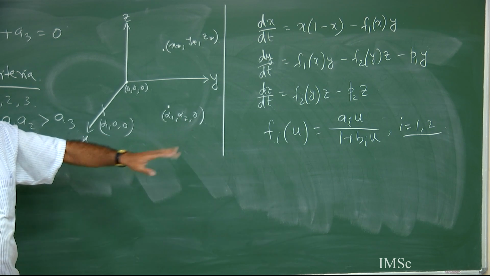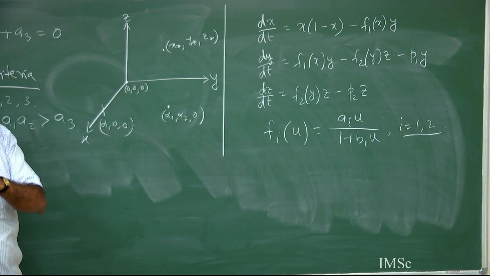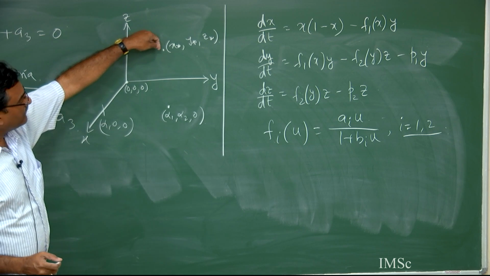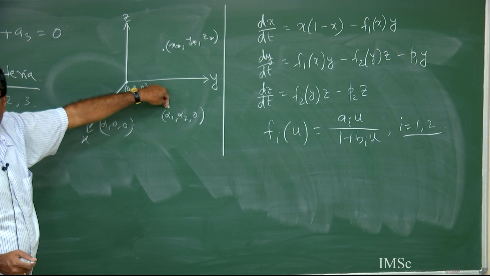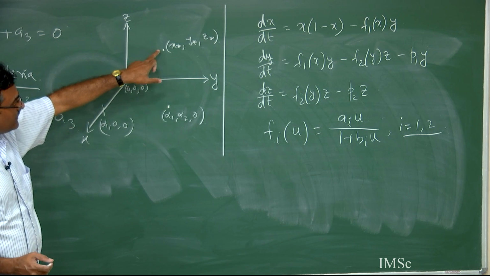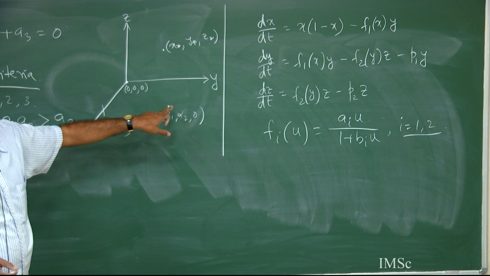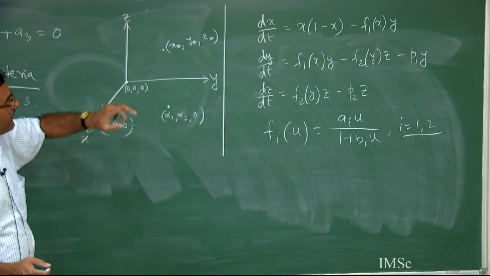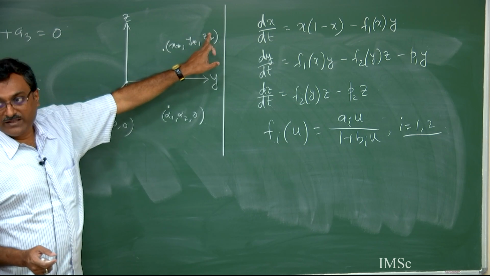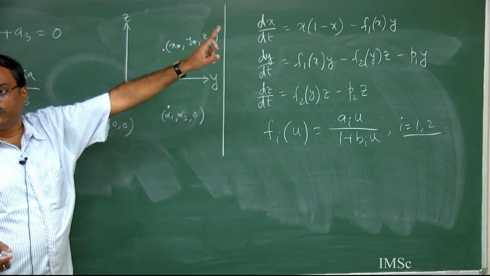So under certain parametric restrictions, you can move this equilibrium point towards this point and it may coincide with this one. This can happen under certain situations where the z component, that means the top predator, goes to extinction.